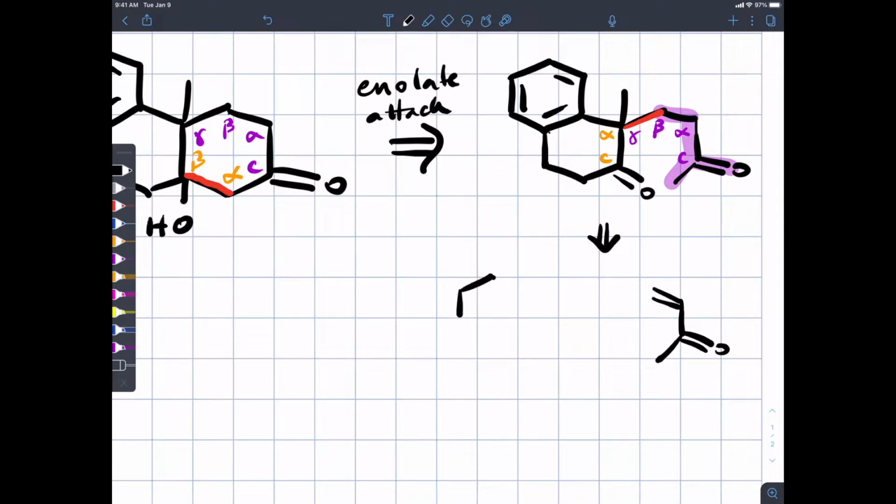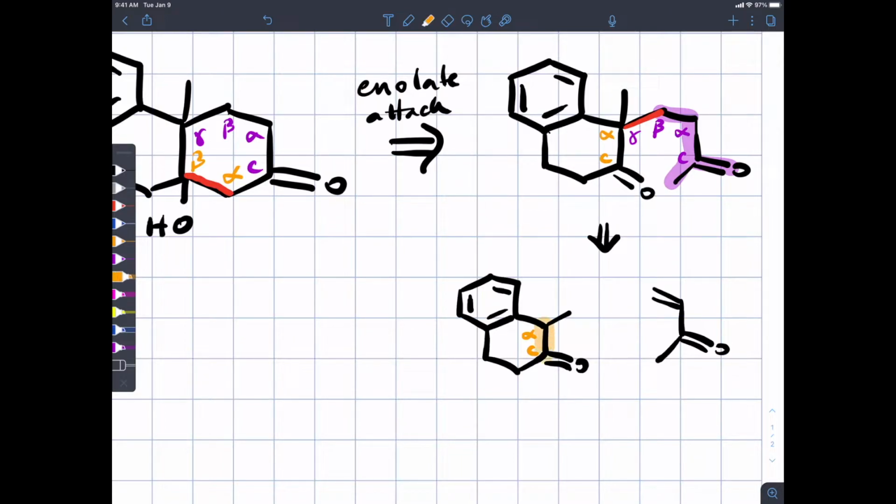And then the thing that does the attacking would be here, except what's going to be on the alpha carbon that does the attacking? A negative charge, right? This is another enolate which we would use to attack the beta carbon, right? So, and at this point, the problem is solved.